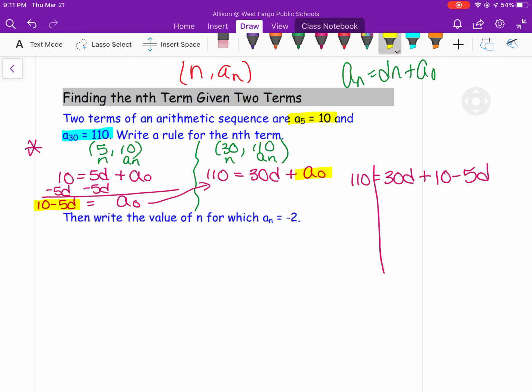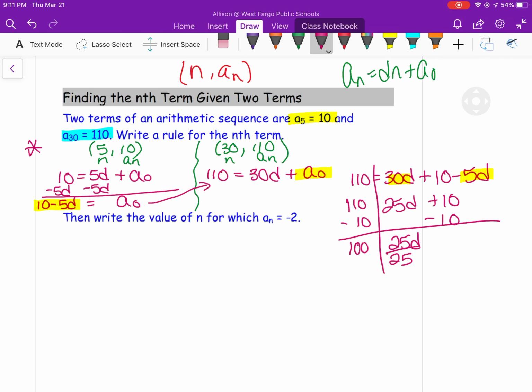Now I'm going to solve it. I'm going to start by combining like terms. Combining like terms there, I'm going to get 25d plus 10. Subtract 10 from both sides. I get 100 equals 25d. Divide by 25, and I get d equals 4.